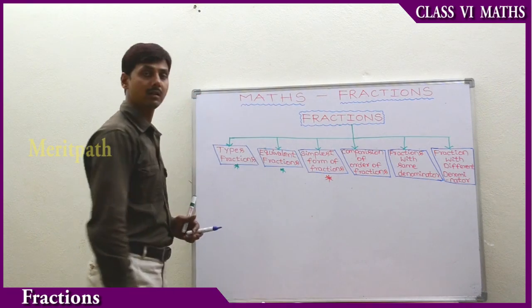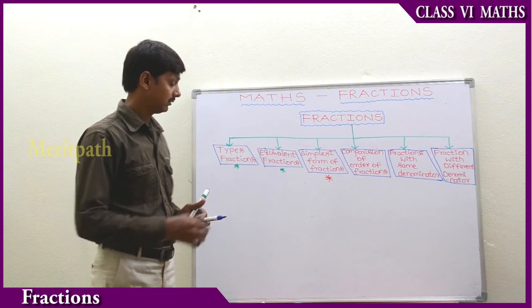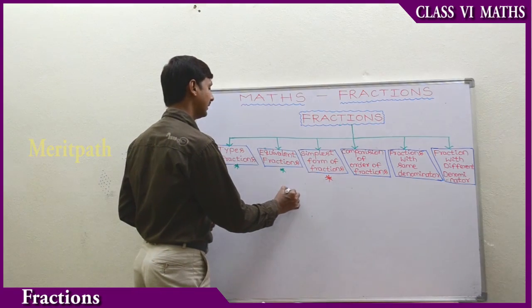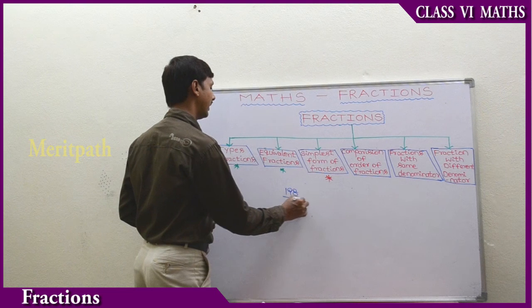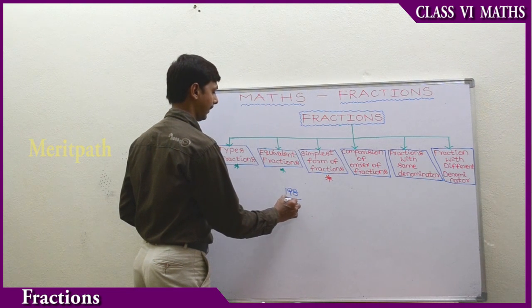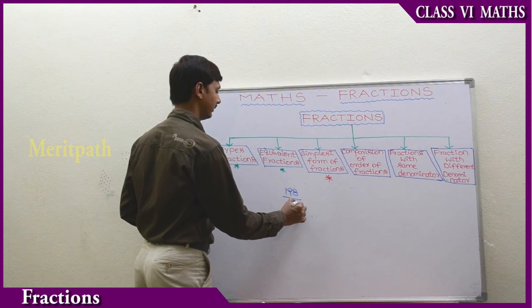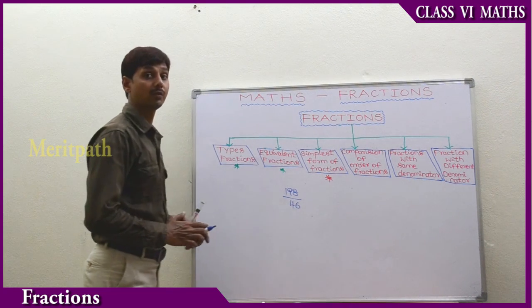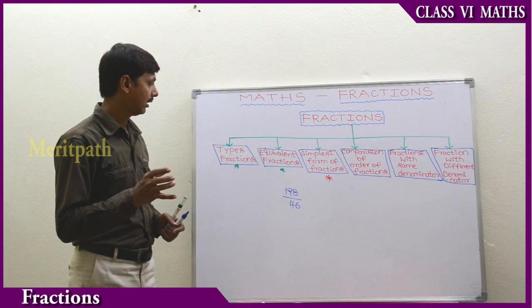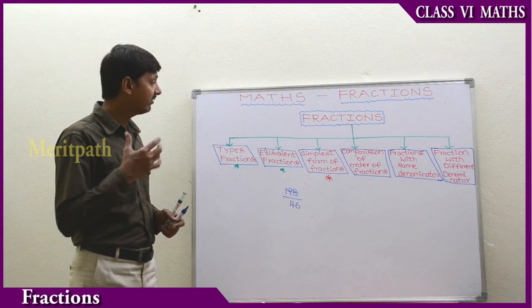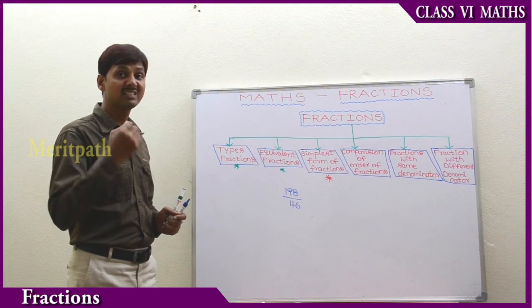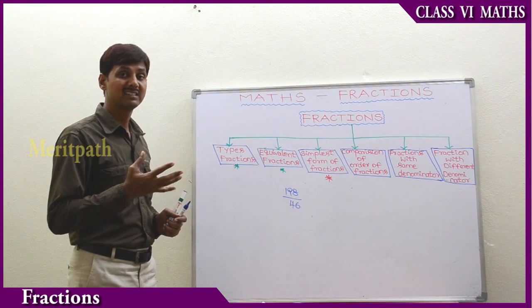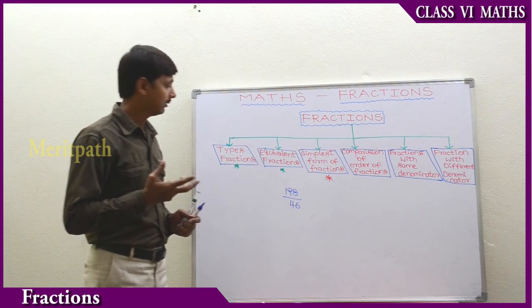So we take any one fraction like 198 divided by 46. So we got a fraction here, and then we need to simplify this fraction. In simplest form we need to write.